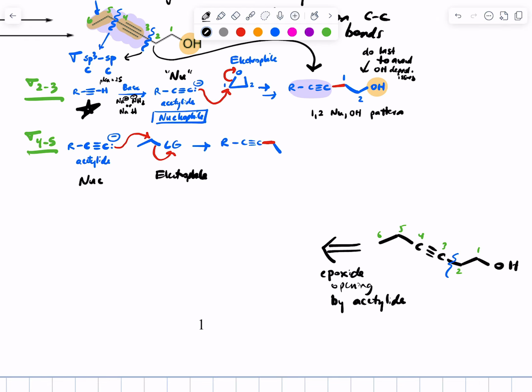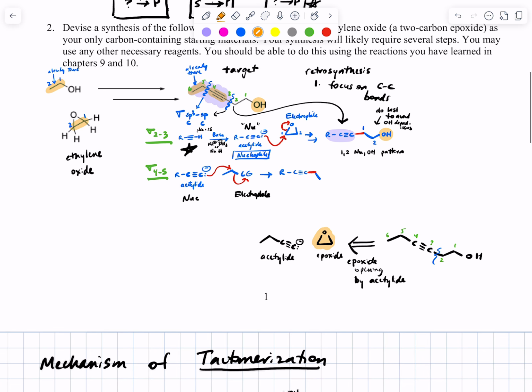So the starting material would have been this alkyne, this acetylide, and then this epoxide. And anytime you have as one of your starting materials an allowed starting material, you should say, yay, achievement unlocked. You get some kind of prize, right?